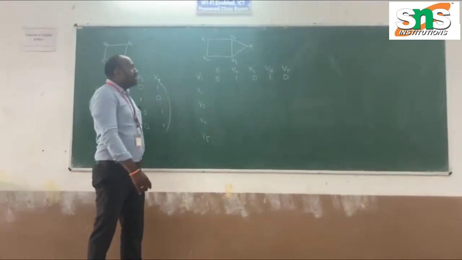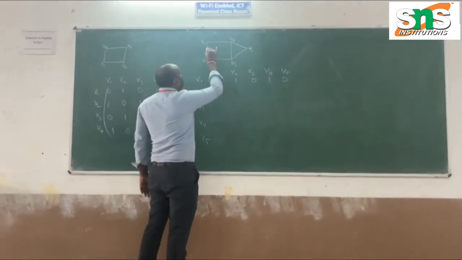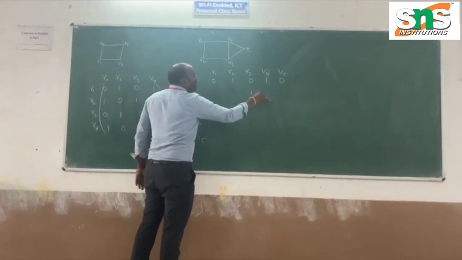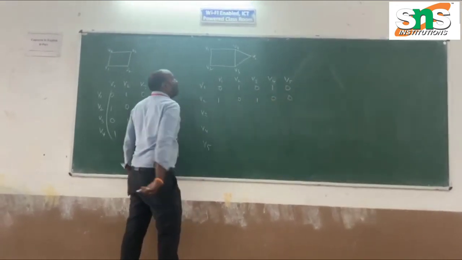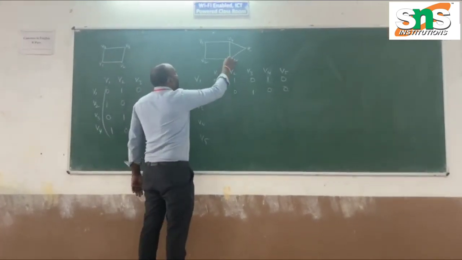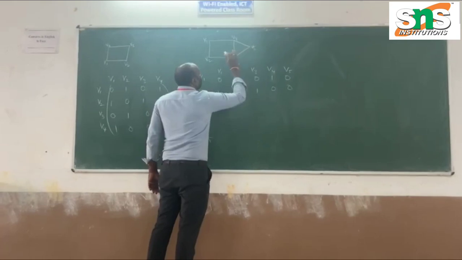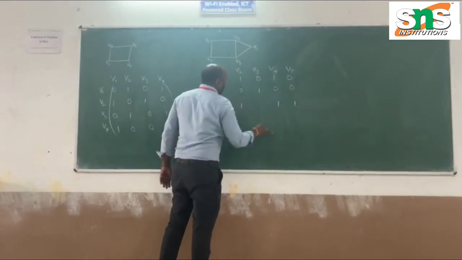Then V2 is connected with V3 and V1. So V3 and V1, and the others will be 0. Then V3 is connected only with V2, V4, V5. So V2, V4, V5.